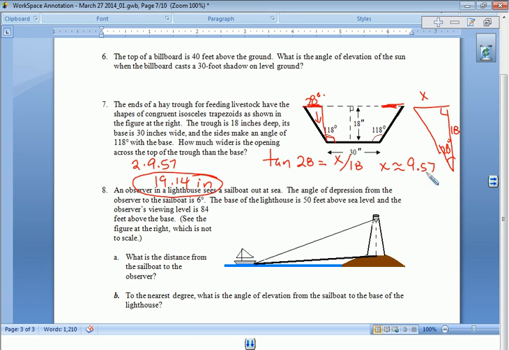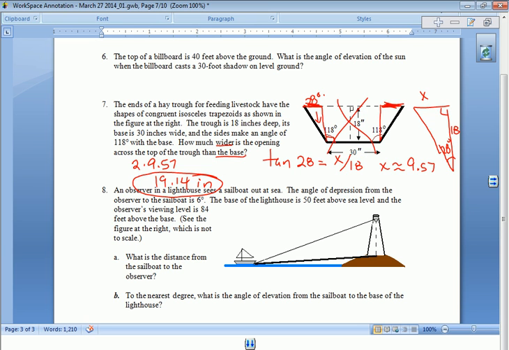The answer was 19.14. You added 30. Well, it asks you how much wider is the opening than the base. So all we care about is this side together with this side, because this is the same length as the base. So those kind of cancel each other out. Does that make sense? Okay.